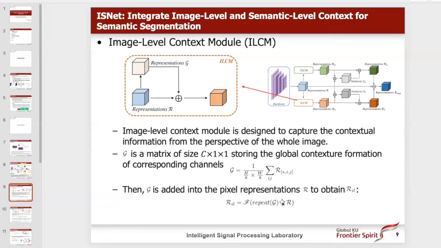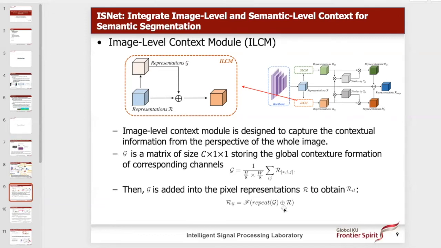This represents the concatenation operation. So if it is concatenation, yeah, this symbol represents it. Okay, so then in that case, if it is concatenated, G has the same number of channels as R, right?